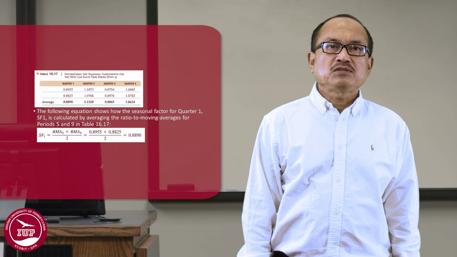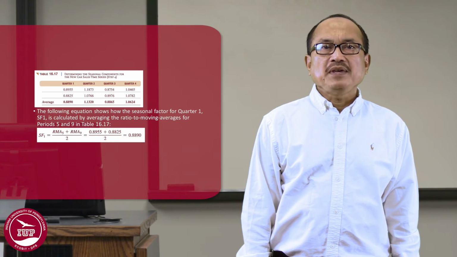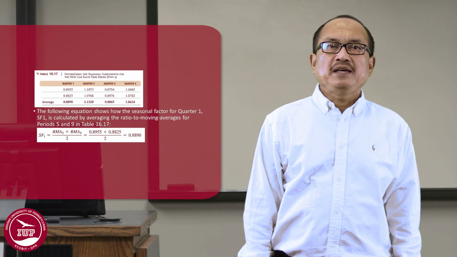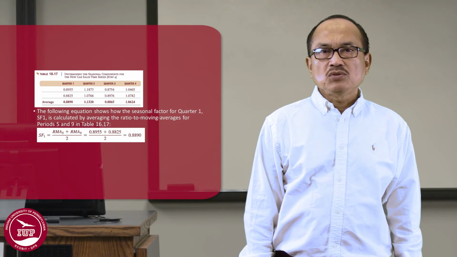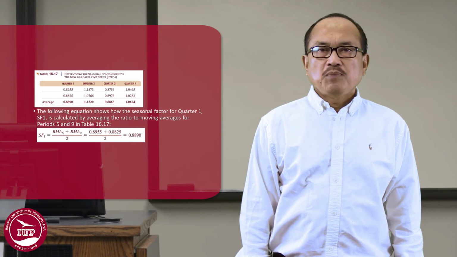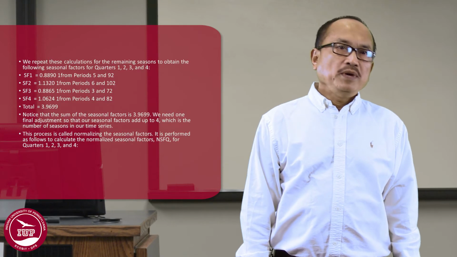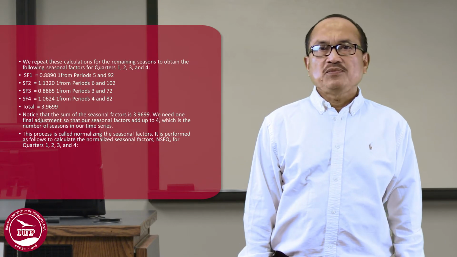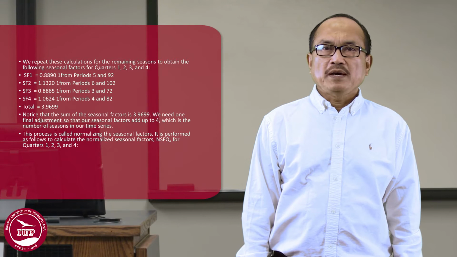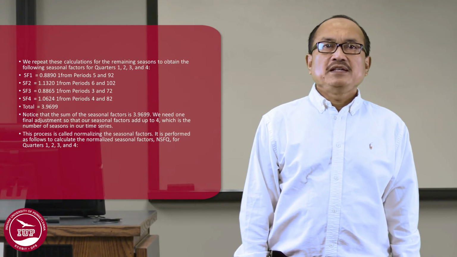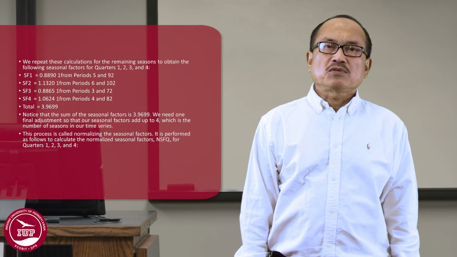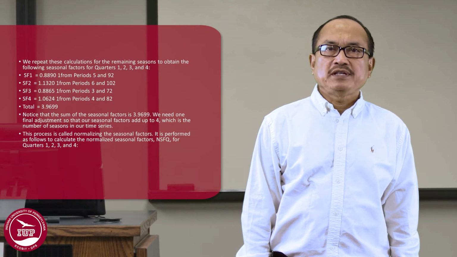SF_1 is equal to RMA_5 plus RMA_9 divided by 2, equal to 0.8890. We repeat this calculation for the remaining seasons to obtain the following seasonal factors for quarters 1, 2, 3, and 4.